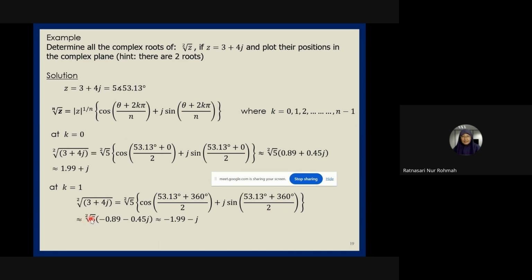We have the square root of 5 multiplied by minus 0.89 minus 0.45j, equal to minus 1.99 minus j. This is our second root.